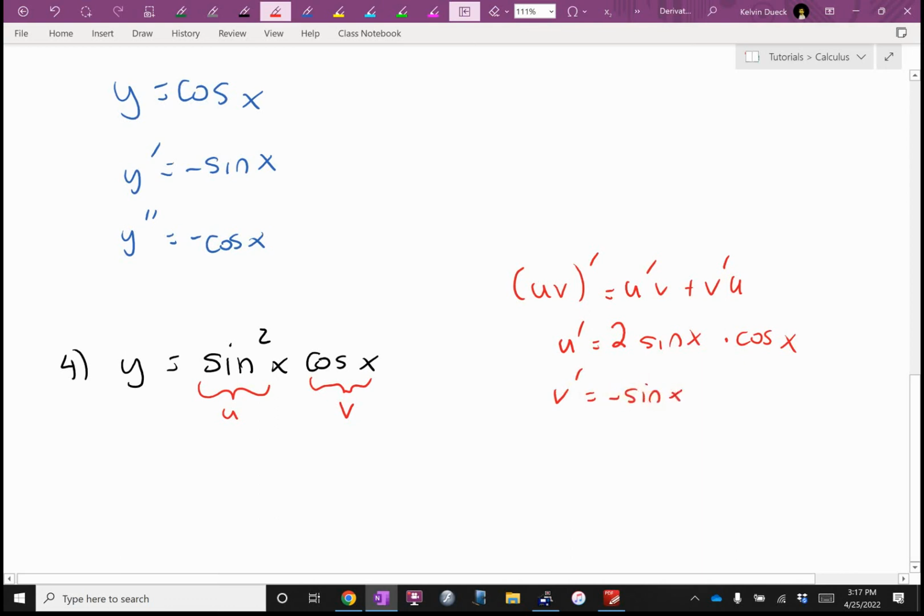Now I would carefully do the substitutions. This y prime is going to match the template, u prime v plus v prime u. What's u prime? 2 sine x cos x. V is cos x. What's a better way to write cos times cos?